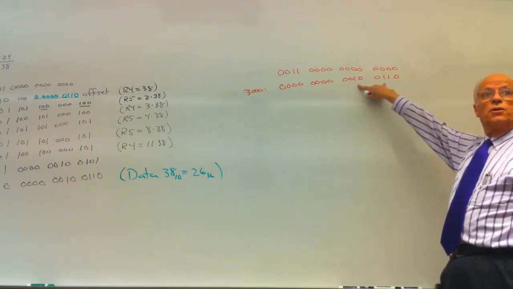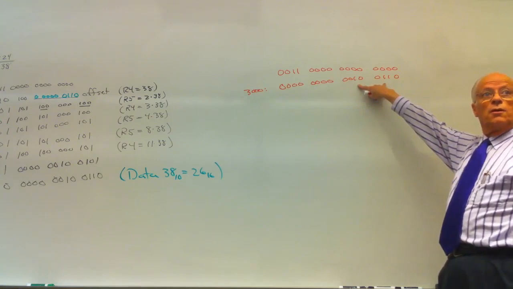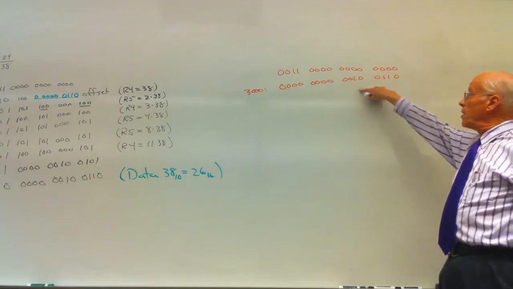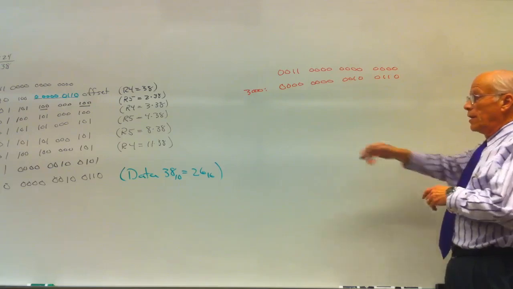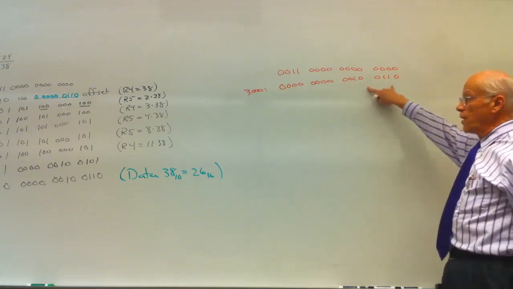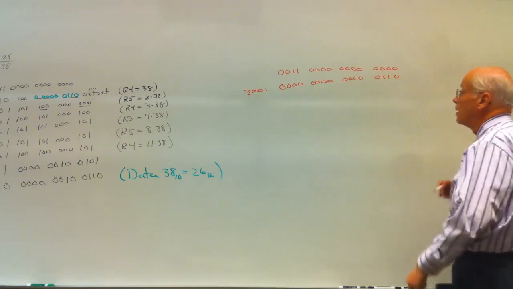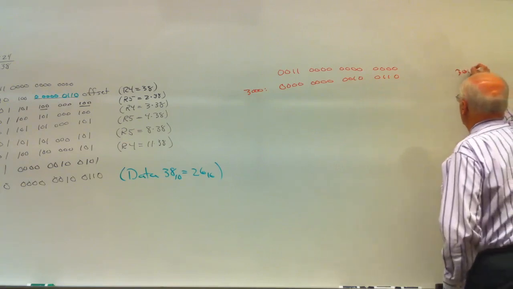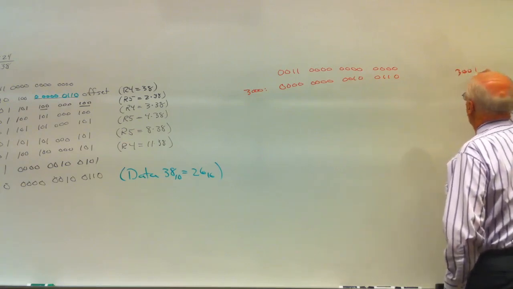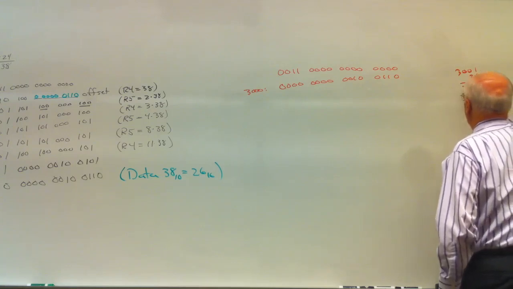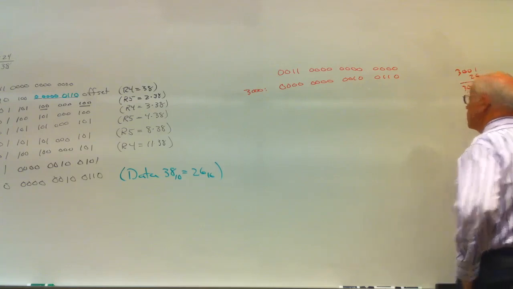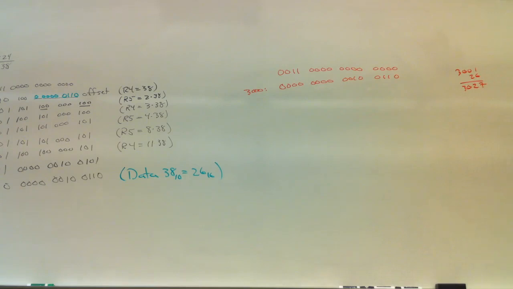It's going to change the PC by this amount. It's going to go to 3007. Oh no, it's going to go farther than that. It's going to be 3001, and then we add 26. It's going to branch to 3027, which is probably way out of bounds of the program that you're going to write. And who knows what's going to happen then.